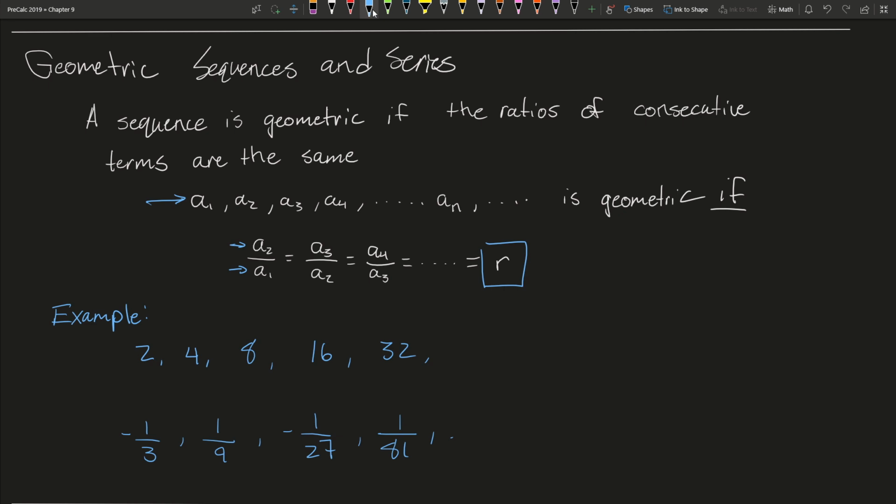Then we have a geometric sequence with ratio R, which we will define as the common ratio. So where an arithmetic sequence has a common difference, a geometric sequence has a common ratio. Okay, so I'll let people catch up writing if they are, and then we'll get to two examples.